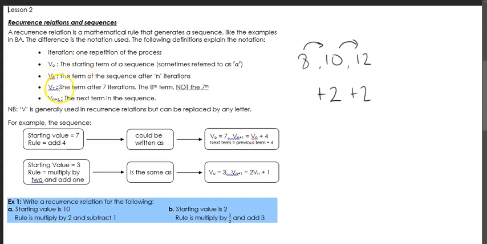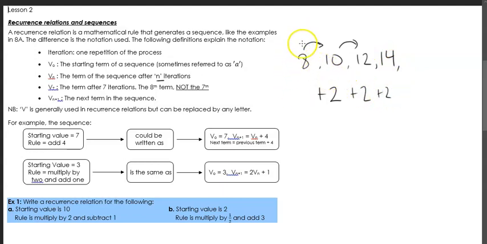V of n is the term of the sequence after however many iterations that we want. So if we're talking about a specific term, maybe we want to talk about V of 3, that just means after 3 iterations, what is our value going to be within that sequence? So we'll take this example here. The next term is 14, because we're just going to add another 2.